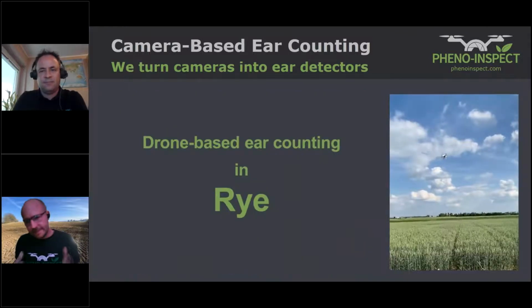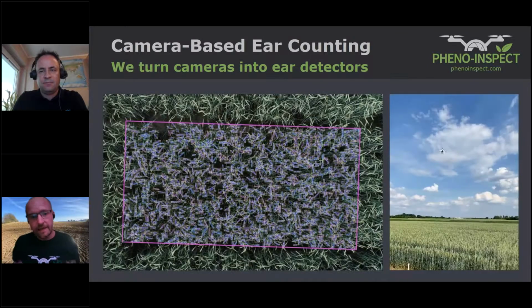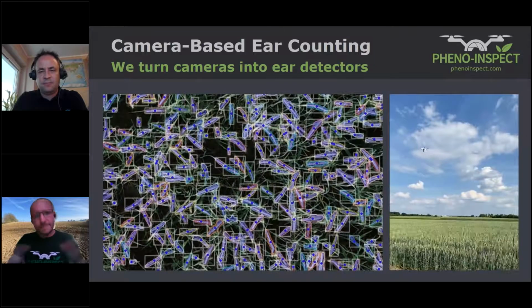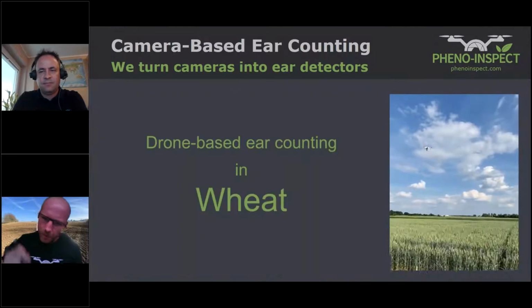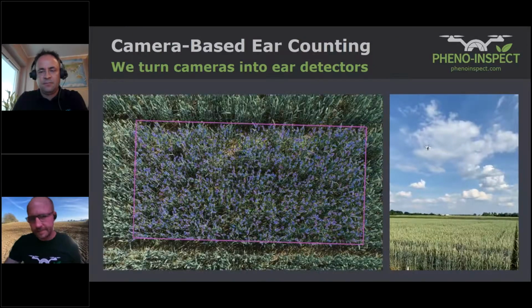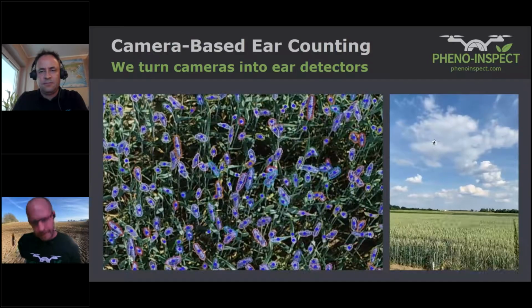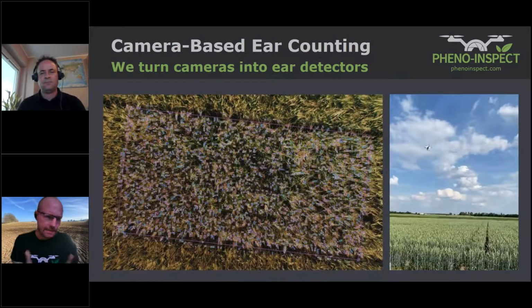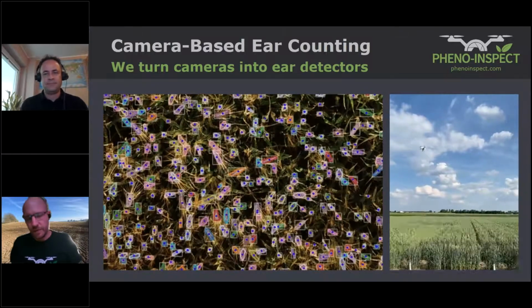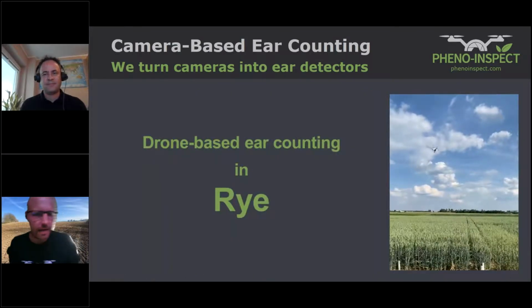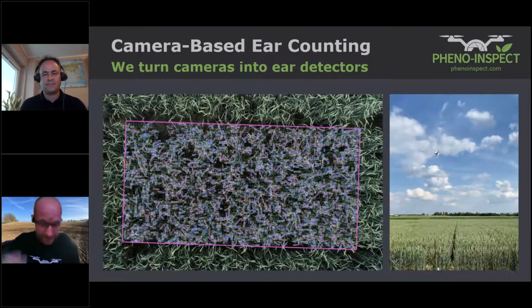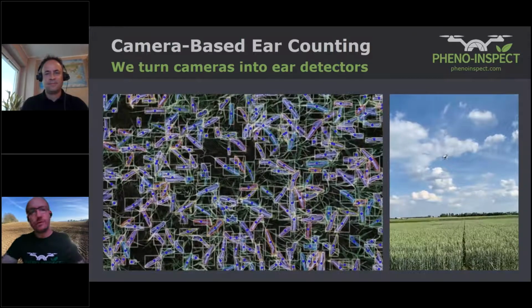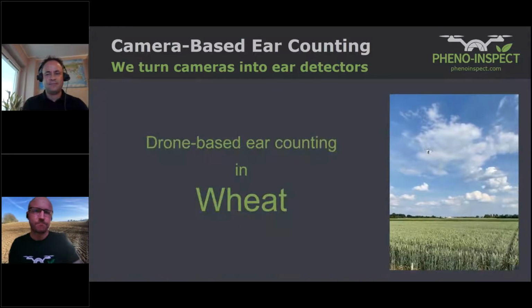And this is where we say that if you count the entire plot with drones, even if you are not perfect, so 100% of the ears, nobody will achieve this, but 90 plus is possible depending on the data quality, it is still better than manual counting. And it's time saving, and you can do it on a very large scale.